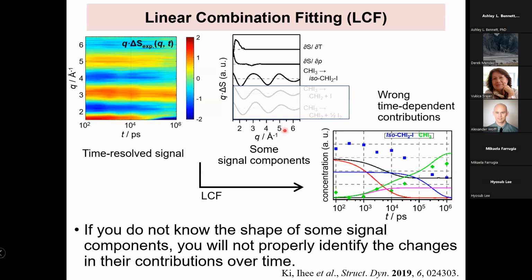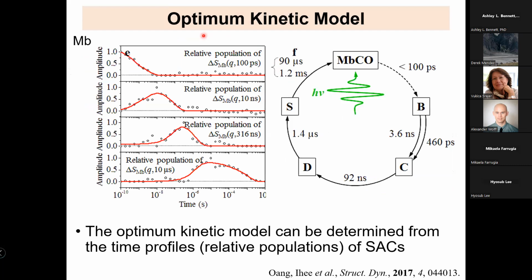However, if we don't know some signal components and perform LCF using only three signal components, we cannot obtain a proper time-dependent contribution of the signals with known shape. To prevent this situation, the number of stationary time zones should match the number of major signal components for SAPA.